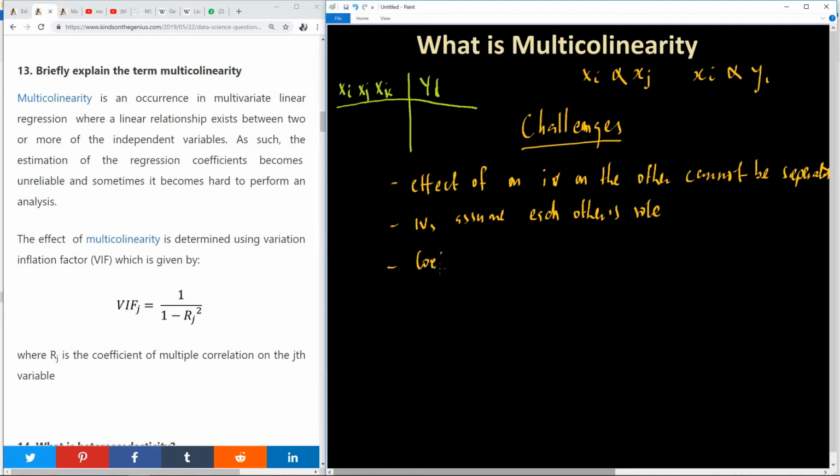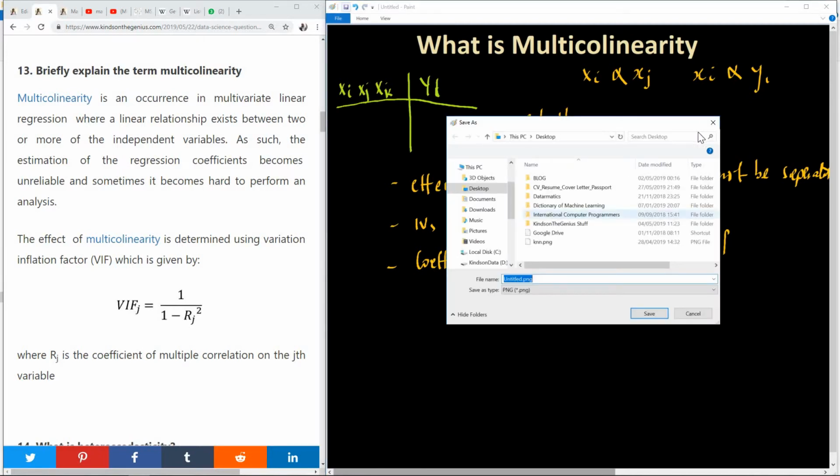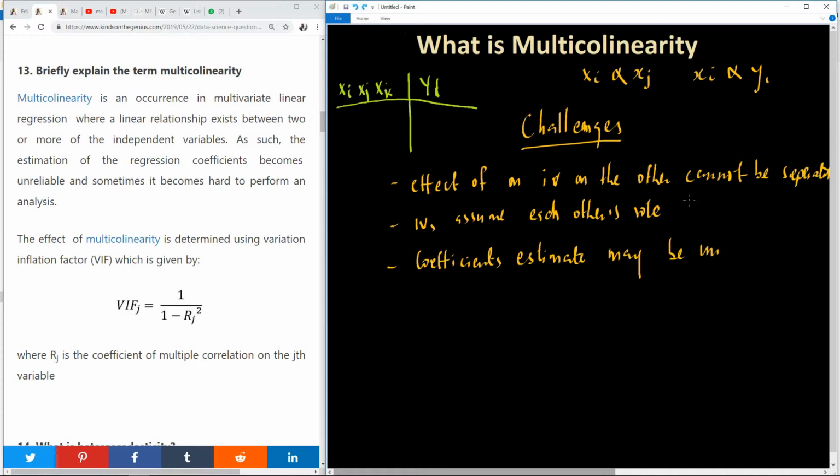Coefficient estimates may be unreliable, and then sometimes performing analysis may be very difficult.